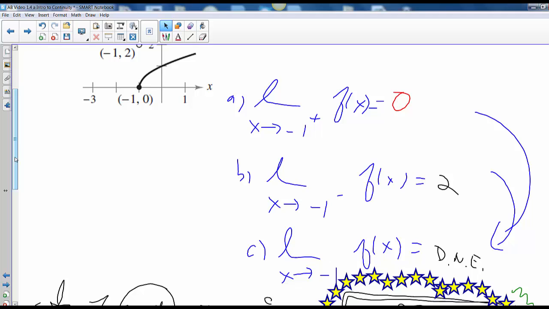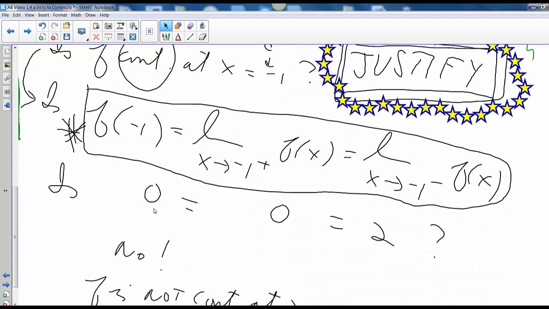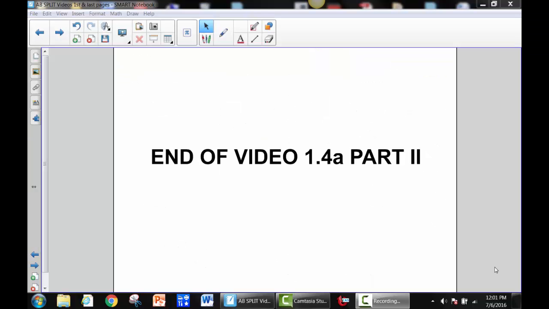The third piece of that trilogy is, what is f of negative 1? Well, f of negative 1 is a filled in dot. It is 0. So we end up with, is 0 equal to 0 equal to 2? Again, the answer is no, because they're not all the same. Therefore, f is not continuous at x equals negative 1. And that's the end of video 1.4a, part 2.